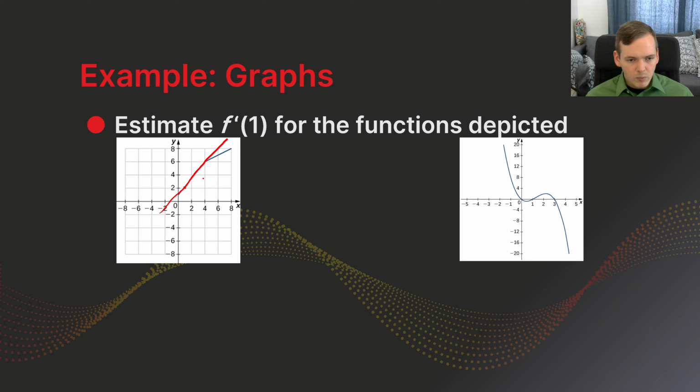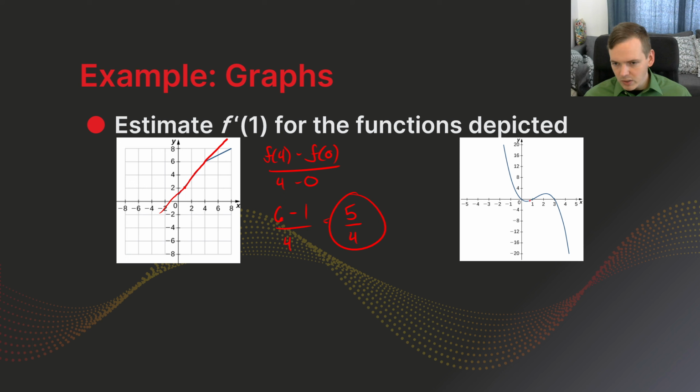We can get a close enough estimate by saying f of 4 minus f of 0 over 4 minus 0, which is just going to be 6 minus about 1 over 4, which means 5/4. So f prime of 1 of this function is about 5/4.